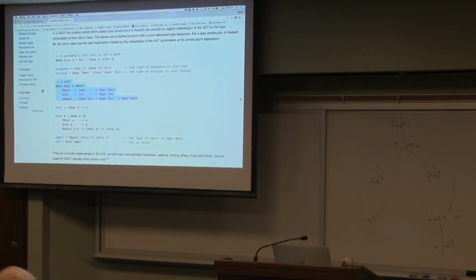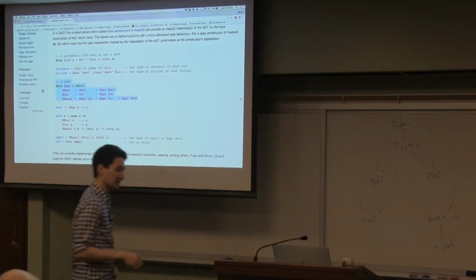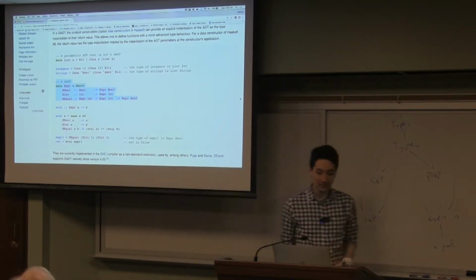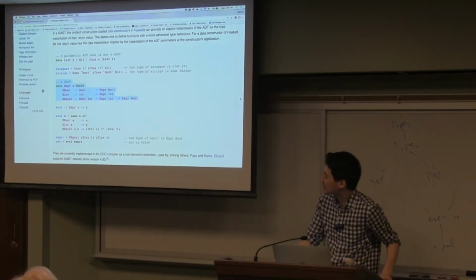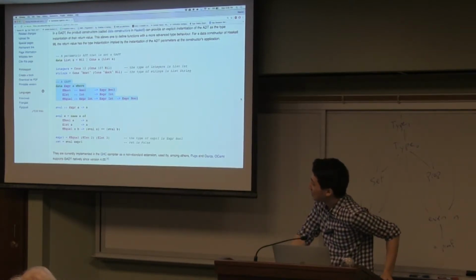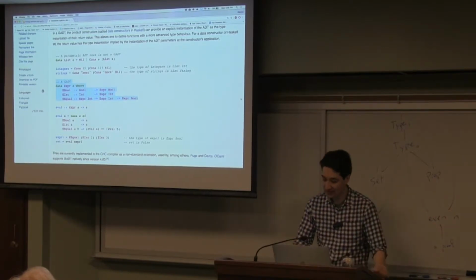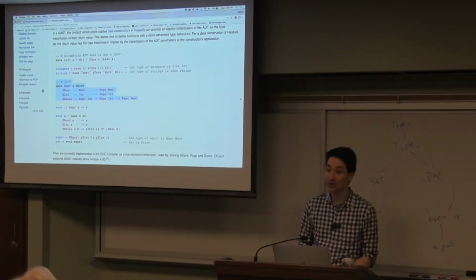Yes, you could. If you had additional constructors here that represent that capability, you could compose them. Yeah, that's right. So that's GADTs. I haven't found a lot of use for them in Haskell yet, but I use them all the time in Coq.